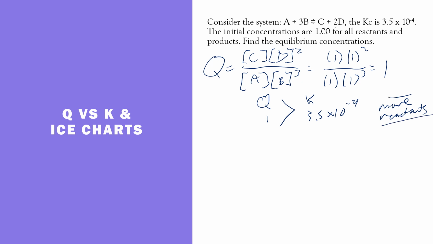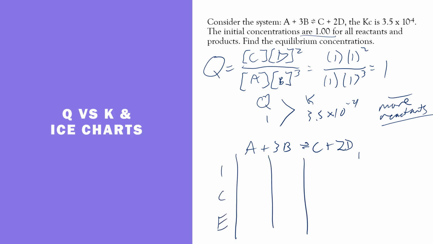So why is that important? Let's go ahead and make an ICE chart: A plus 3B yields C plus 2D. We're going to assume that they're all aqueous, because they told us the concentrations are 1 for all of them. Our initial concentrations are 1 molar for all of them, and we need to make more reactants.